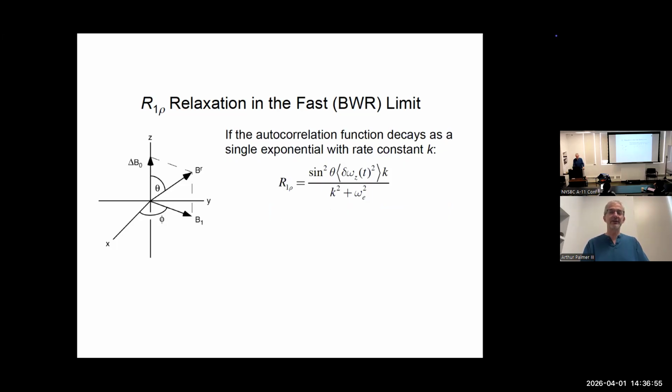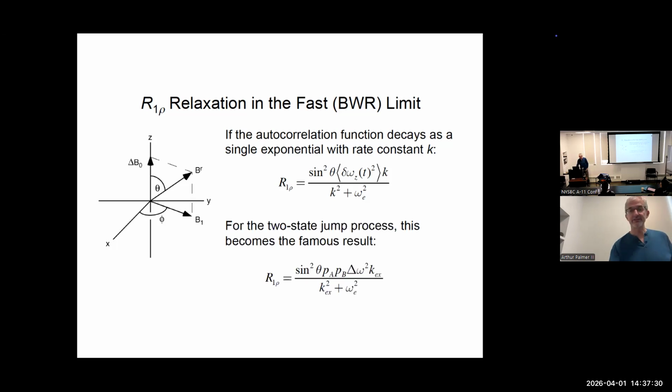And here's the result. We have the sine squared theta dependence because of the tilt angle. And then we have a dependence on the jumps and on the strength of the omega_E field. So in the R1 rho experiment, we're going to change the omega_E field either by changing omega 1 or by changing the offset. Either one works. And then we'll try to fit. There are two states.